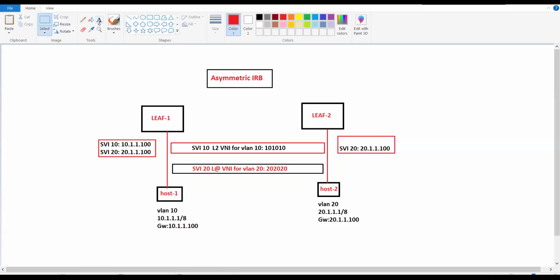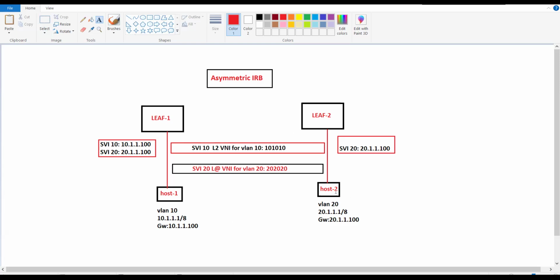In this situation, with the same flow, host 1 sends the traffic to SVI 10. The traffic is routed internally at leaf 1 from SVI 10 to SVI 20. Then leaf 1 sends the traffic to leaf 2 using VNI 20. Leaf 2 sends the traffic to host 2.